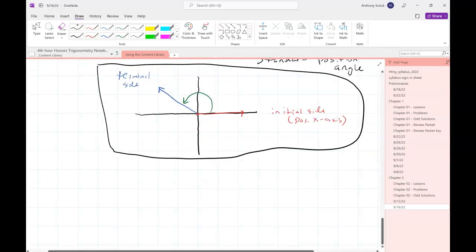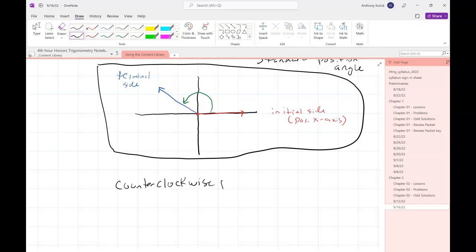And since we can do both, we're going to use both directions. When I do the counterclockwise rotation, we're going to call those angles positive. And when we do the clockwise rotation, we're going to use those for negative angles.